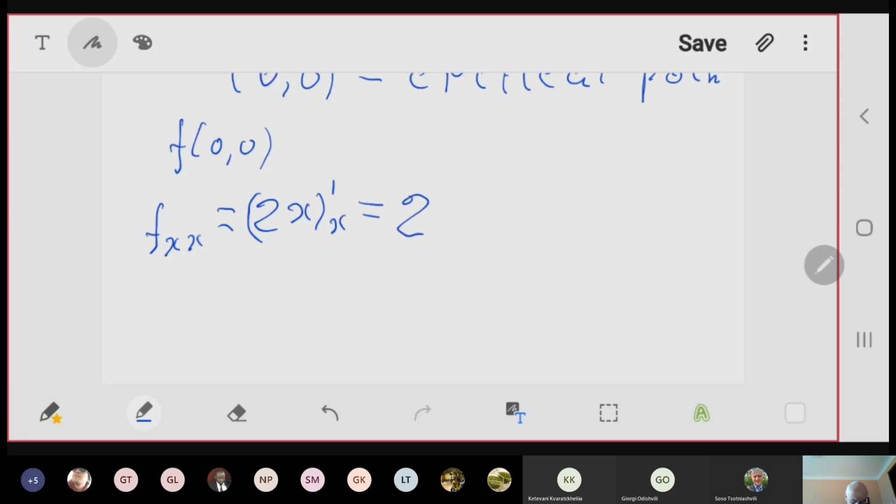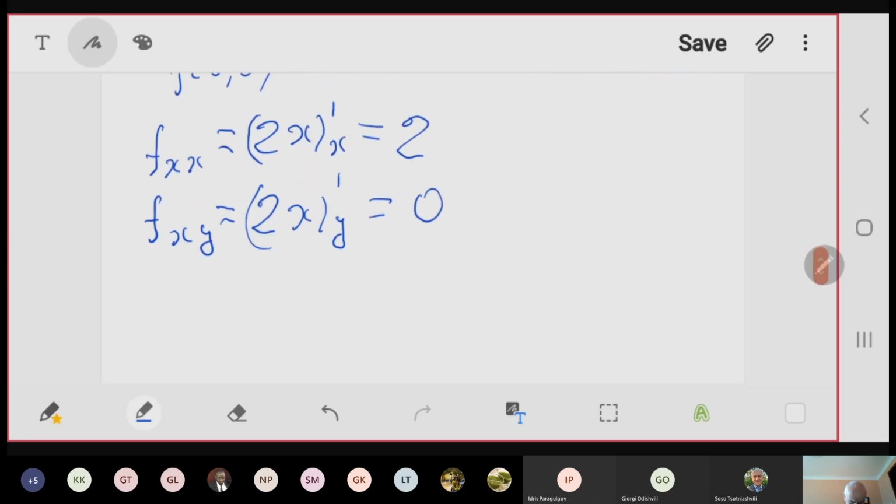Very good. Okay, what's f(x)(y)? It will be 0. Absolutely, it's 2x, derivative by y, and it is 0 because 2x is a constant when we find the derivative by y.